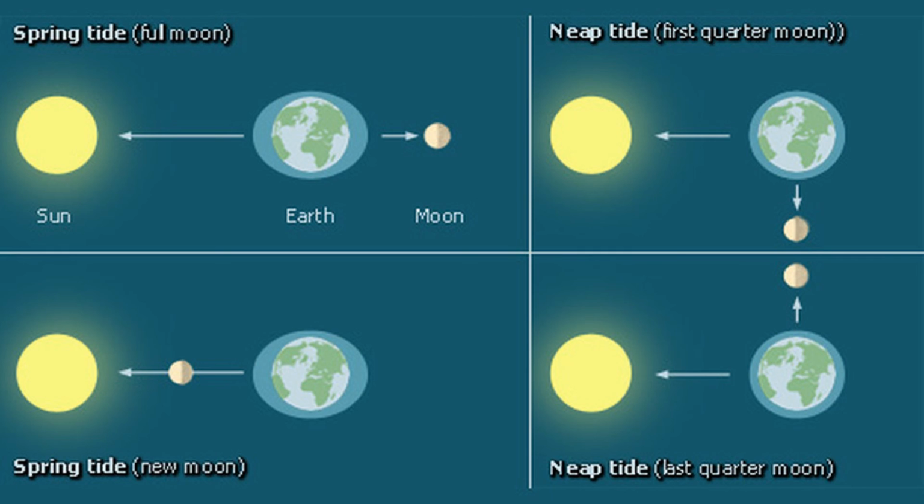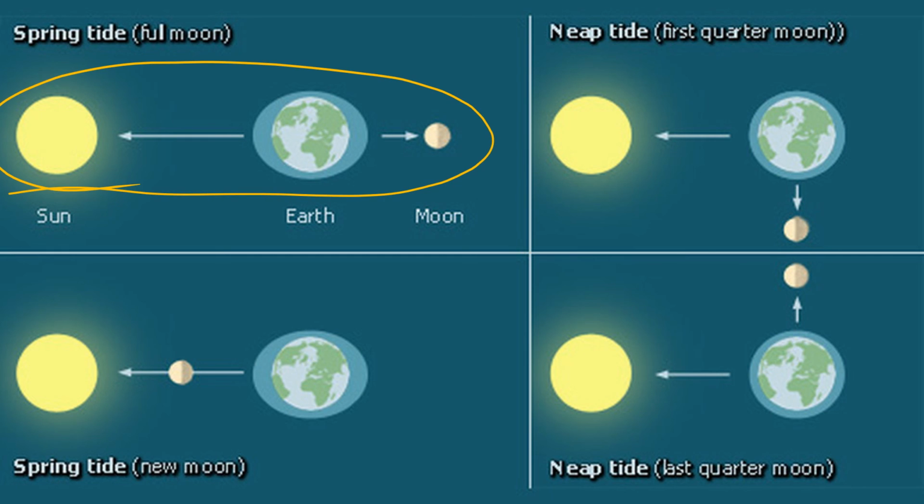Now there are 2 tides that we need to understand. That is the spring tide and the neap tide. So spring tide is going to occur twice a month, and that's when, first off, we are at a full moon. So when the sun, the Earth, and the moon are all aligned like this. Okay?